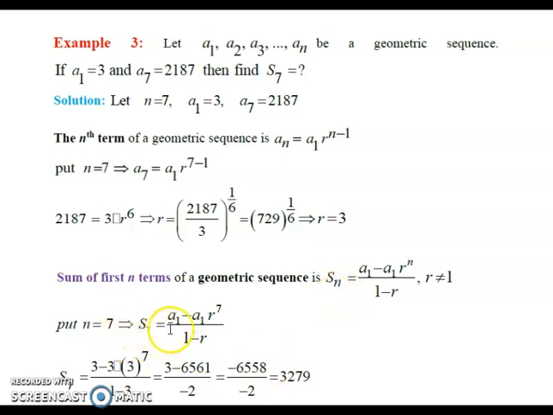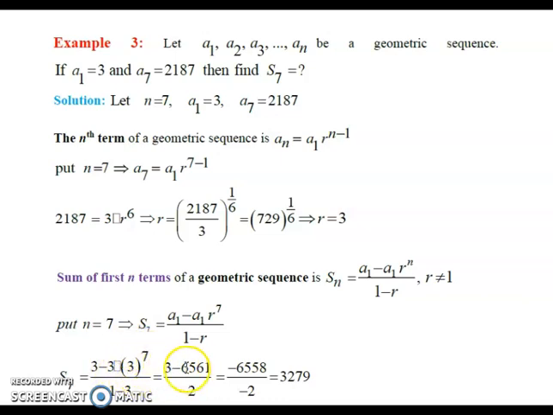S7 is equal to a1 minus a1 multiplied by r power n divided by 1 minus r. What is the first term? a1 is 3. So 3 minus 3 multiplied by, common ratio is also 3, 3 power 7, divided by 1 minus 3. So 3 minus 3 power 7 multiplied by 3, which is 3 power 8.